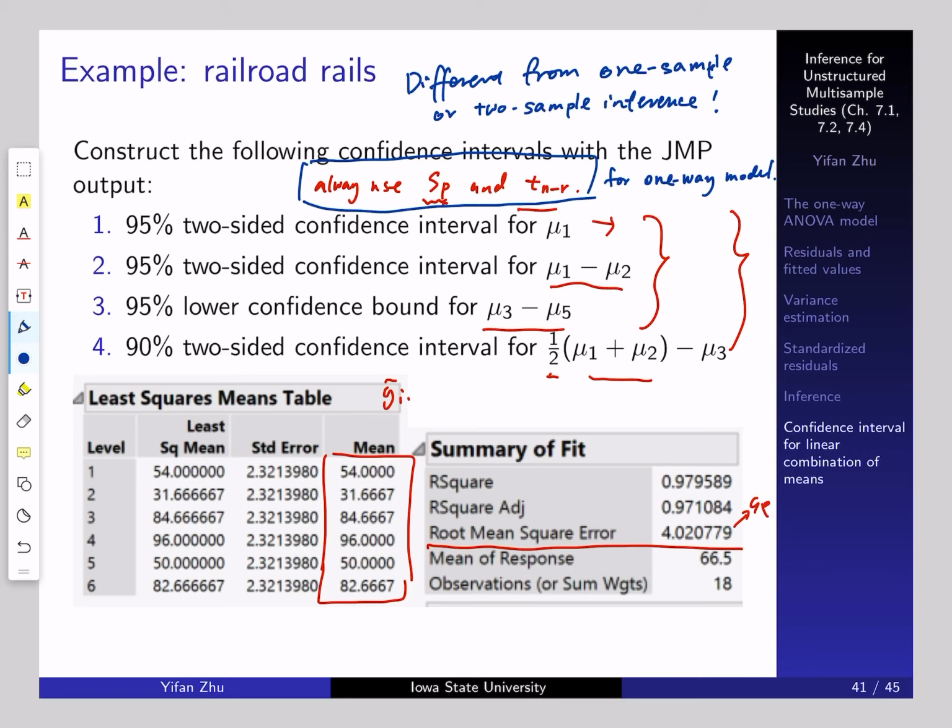If you remember, for the 1 sample inference, we use the T n minus 1. And for the 2 sample inference, we also use the pooled sample standard deviation, but we used n1 plus n2 minus 2. Okay. But in the one-way model, you always use the pooled sample standard deviation, no matter what kind of linear combination it is, and we use the T n minus R as our reference distribution. Okay.